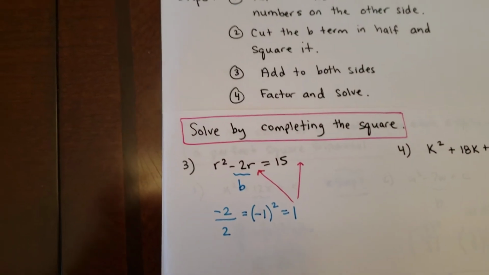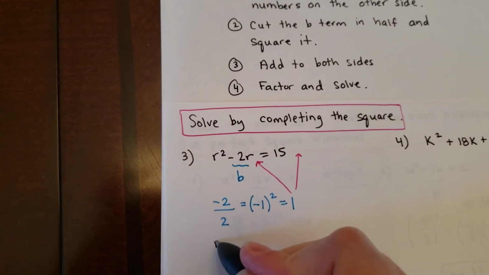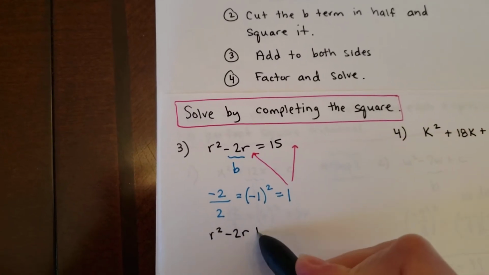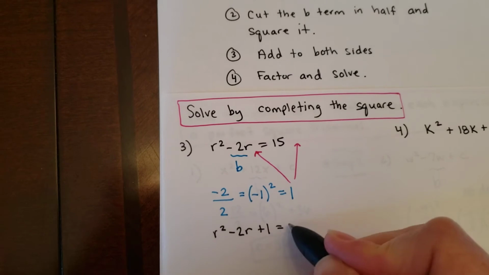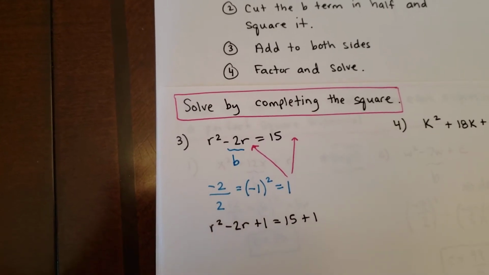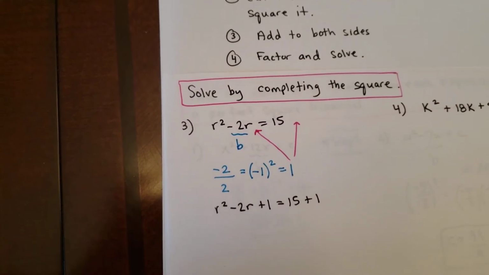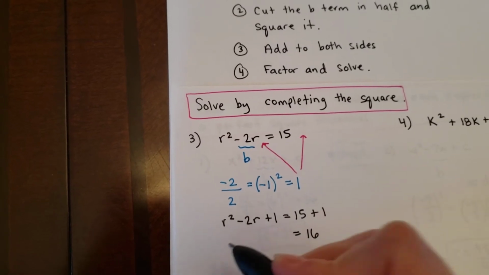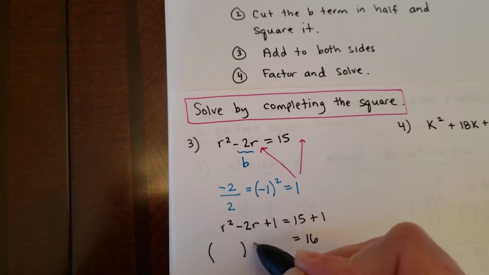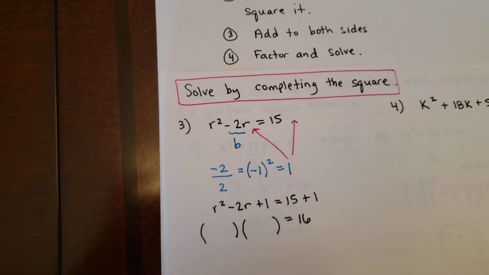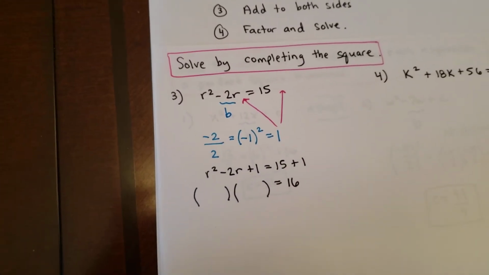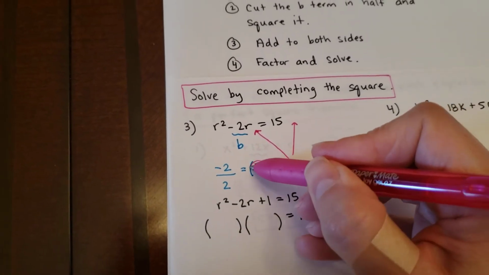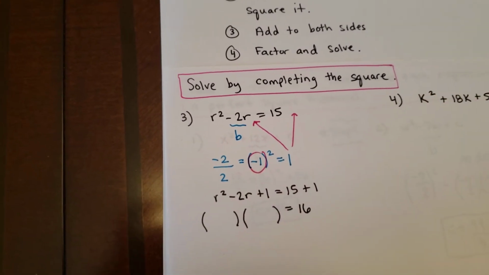So we will rewrite this r squared minus 2r, and then we're going to put a +1, and then 15 plus 1. Now, the right side is fairly easy. 15 and 1 is just 16. This side's a little tricky, but it is going to end up being 2 parentheses, and the number that you have in the parentheses before you squared it, so this number right here, you'll want to write this step down.